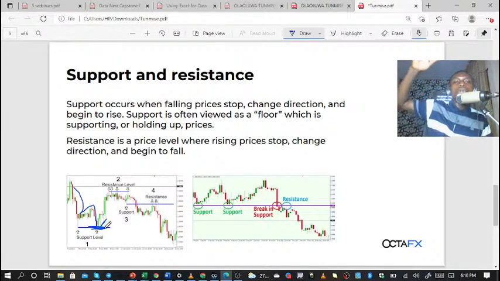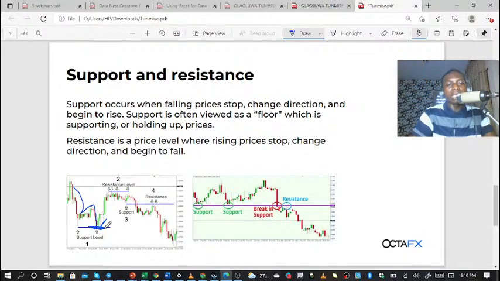Now, resistance on the other hand is when price has risen up to a level higher, and then stops before changing direction. Now you look at this place. I said when price falls down to this level and was rejected, this level is what is a support level, right? But when price now starts going up and touches this level, right, and this top level now rejects it down, what happened? This level becomes what? A resistance level.